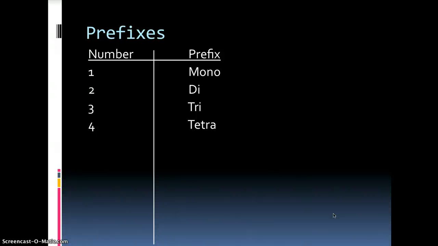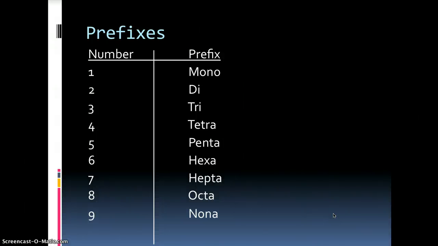All the blocks are made of 4 blocks. 5 is penta, like pentagon. 6 is hexa. 7 hepta. 8 octa. 9 nona. And 10 is deca, just like the club here at school. So 1 is mono, 2 di, 3 tri, 4 tetra, 5 penta, 6 hexa, 7 hepta, 8 octa, 9 nona, and 10 deca.